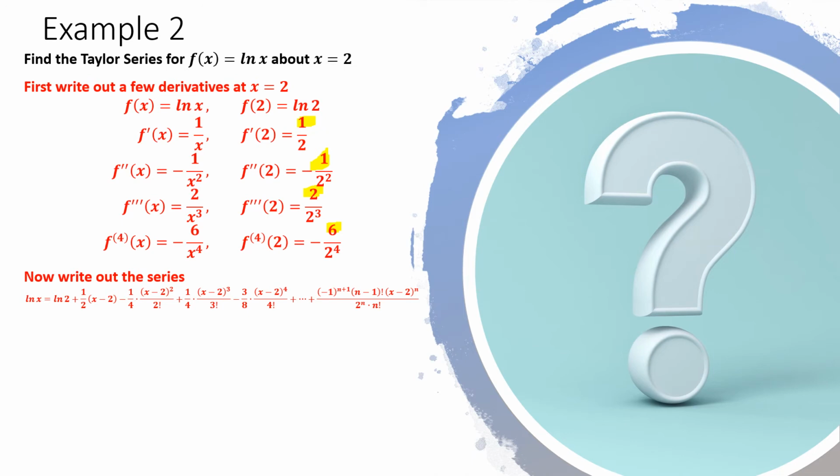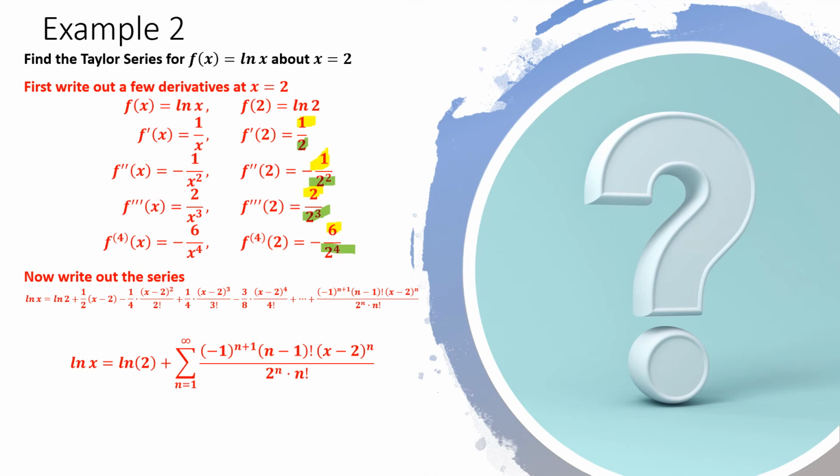Over my denominator, I have 2, and then 2 squared, so 2 here, and then 2 squared, and then 2 cubed, and then 2 to the 4th, so that's 2 to the power n. And then I still have my n factorial when I built out my series. Alright, so now I can simplify this a little bit just to make my life a little bit nicer.